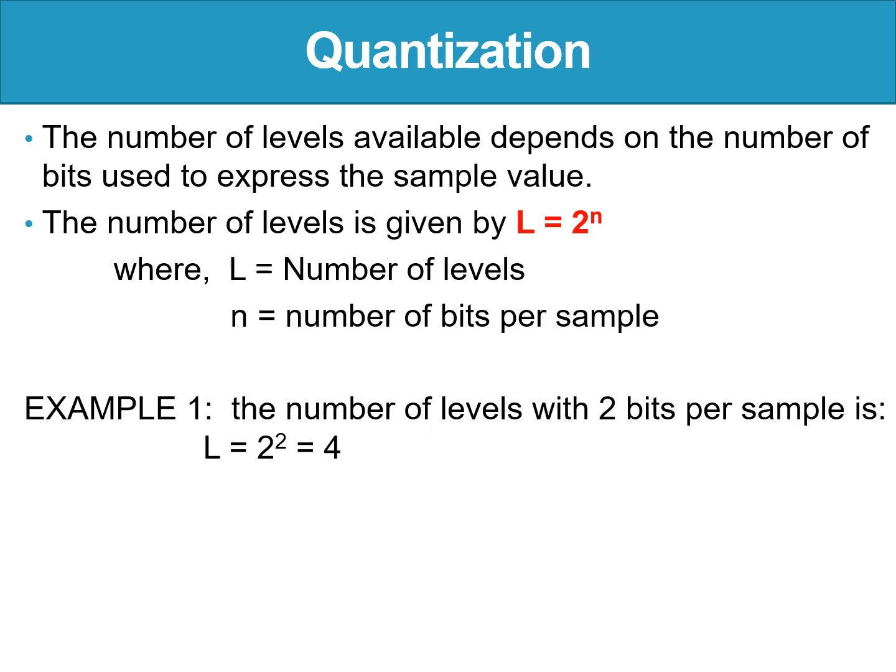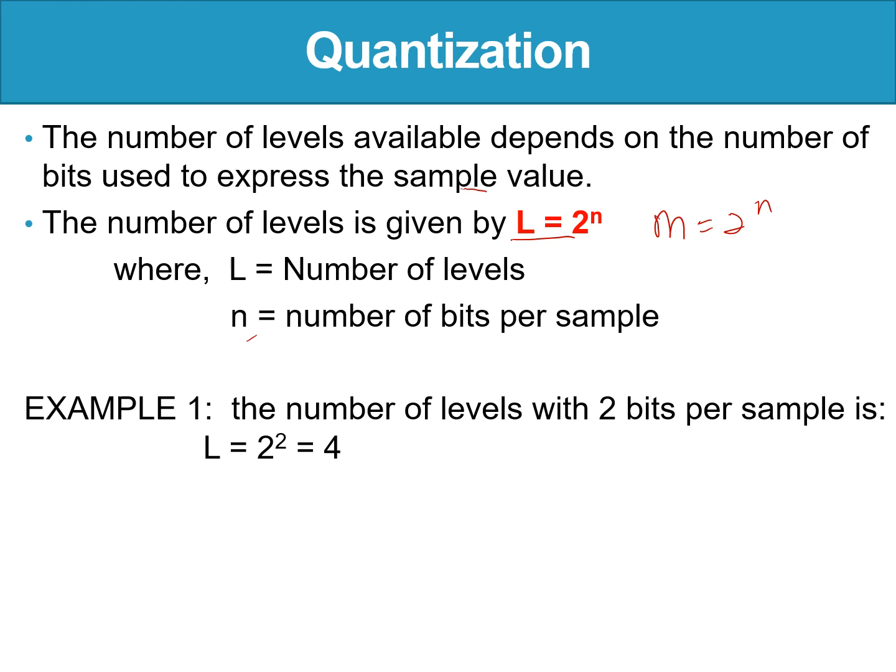So we start with the quantization. The number of levels available depends on the number of bits used to express the sample value. So the number of levels is given by L equals 2 to the power of n. It's just like before, M equals 2^n. So L is the number of levels, meanwhile n is the number of bits.